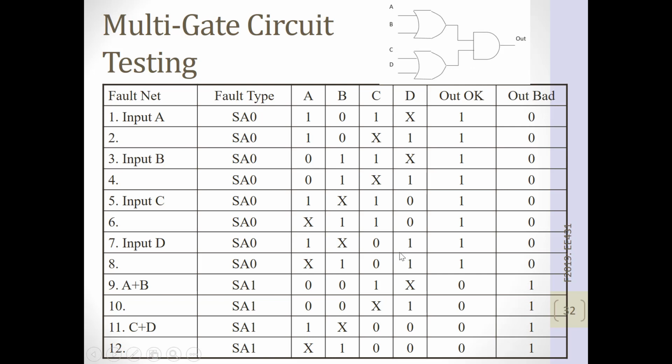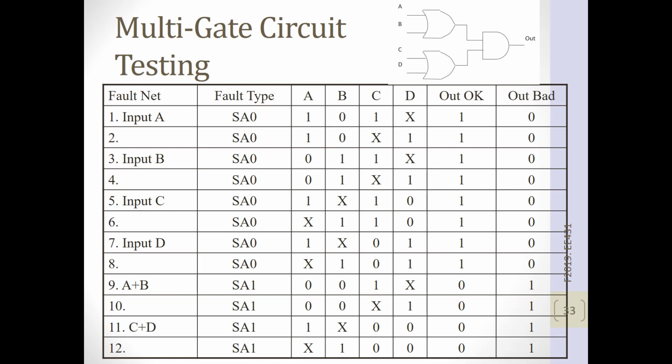Okay, so now we have a new table, and I don't remember if this is animated. Yes, it is. Okay, so we look at one of the tests here. You have 101 don't care, and you see if that can overlap with anything without having a conflict. See if you can do two or more of these tests with this one test vector.